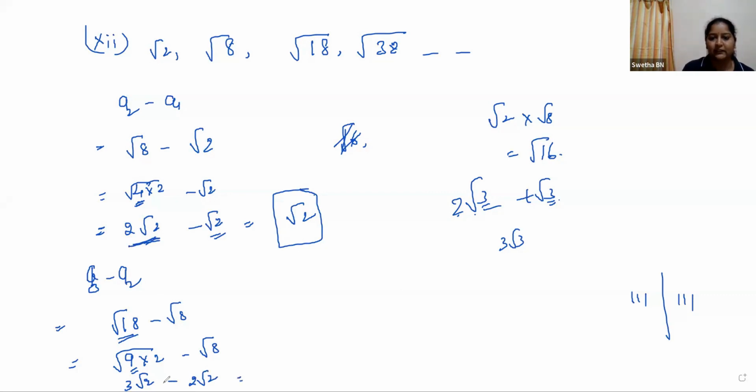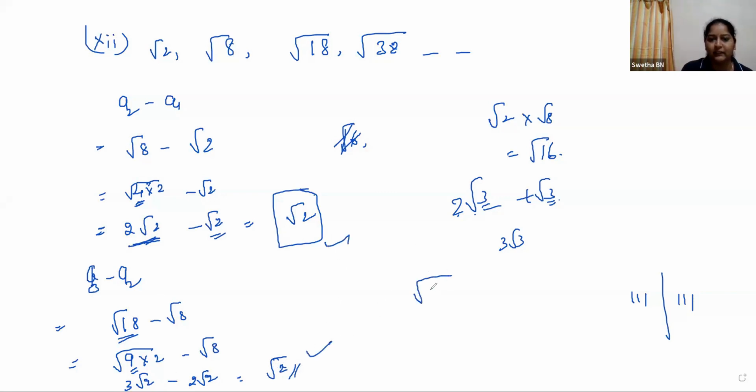So what is 3 root 2 minus 2 root 2? Did you understand, Panchami? Ma'am, it is root 2. Yes, root 2. You should not do 2 plus 2 is 4. We are adding the coefficients.